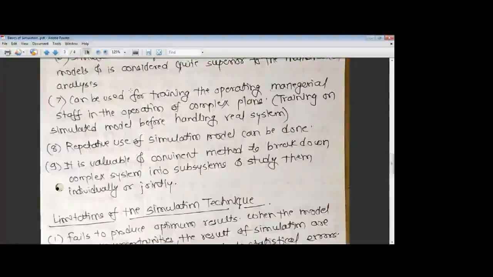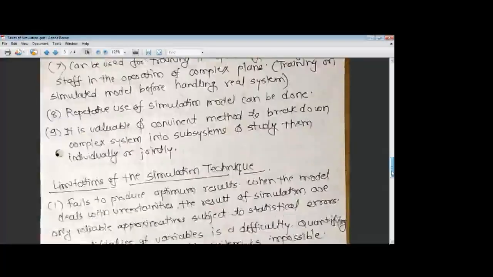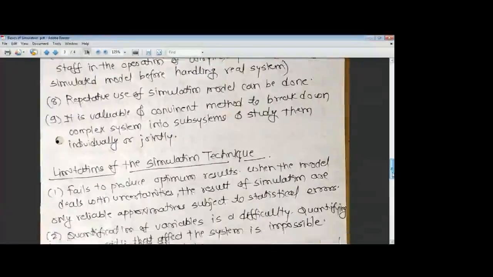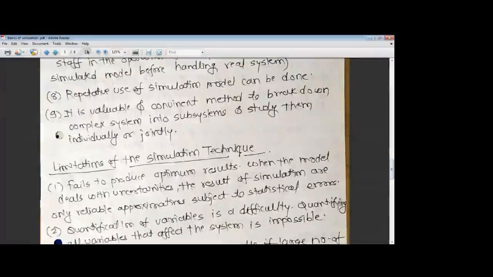It is not only used for training, it is also used for selection of personnel. If I have to check whether a person is good for a particular kind of operation, virtual reality is the platform extensively used nowadays for this purpose, right? So it is also an extension of your simulation model only.